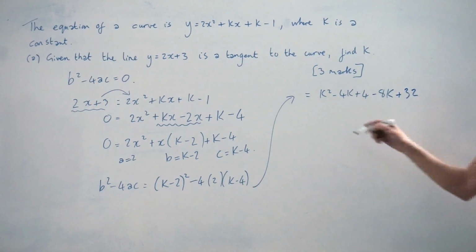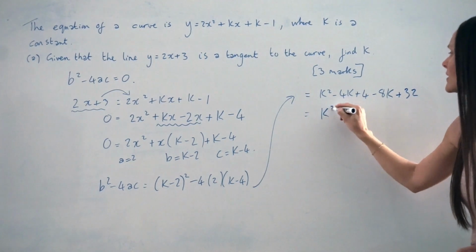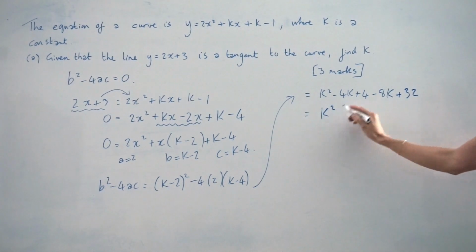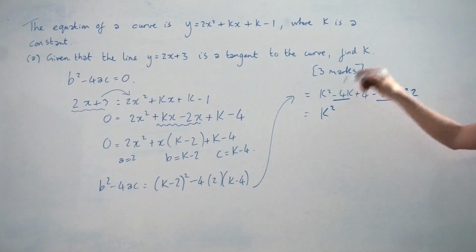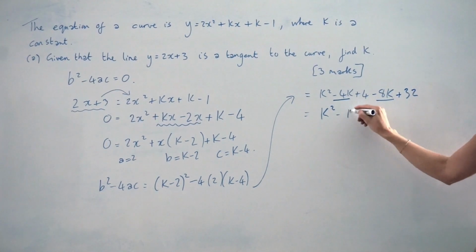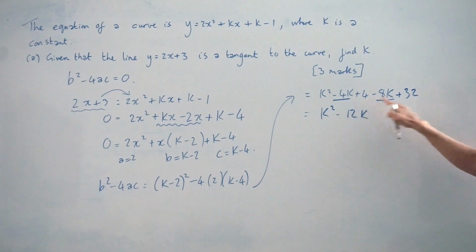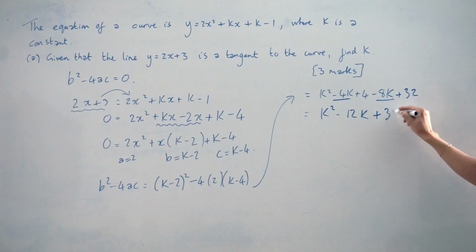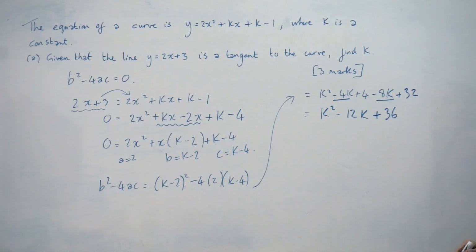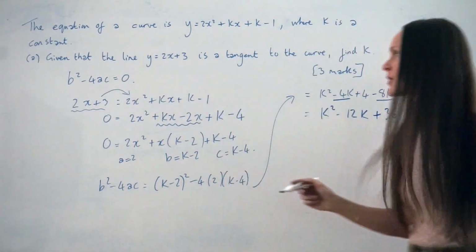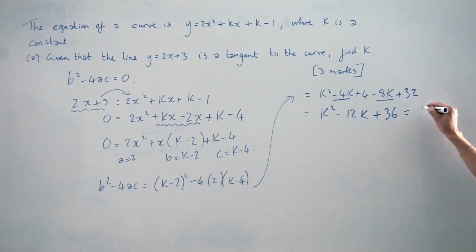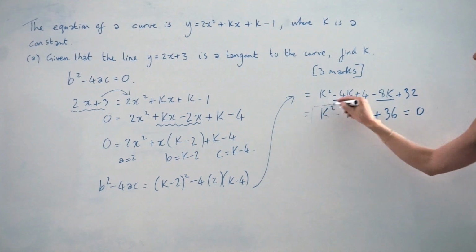And I can keep simplifying. Okay, there's only one k squared term, so that stays the same. Here I can add the k terms, so minus 4k minus another 8k is minus 12k, and if I add 4 and 32, I get 36. Okay, so from here, this is the discriminant. Now we need to put it equal to 0, remember, because the straight line is a tangent to the curve.